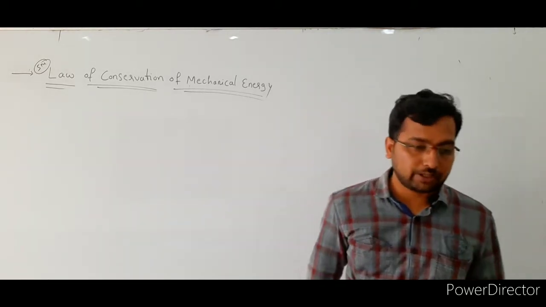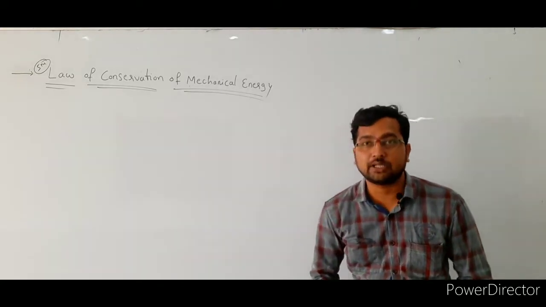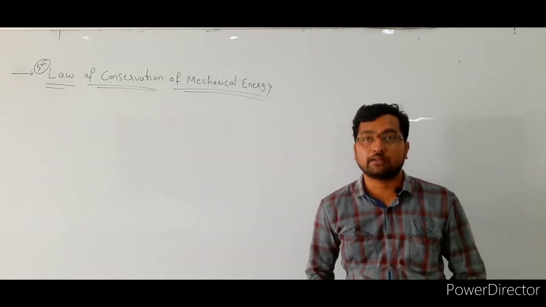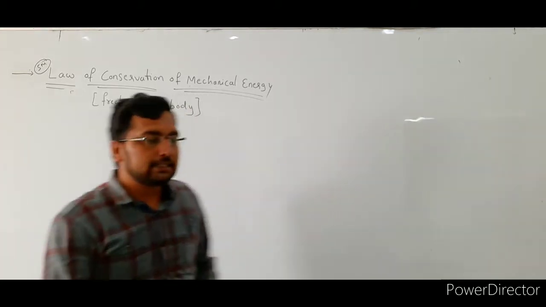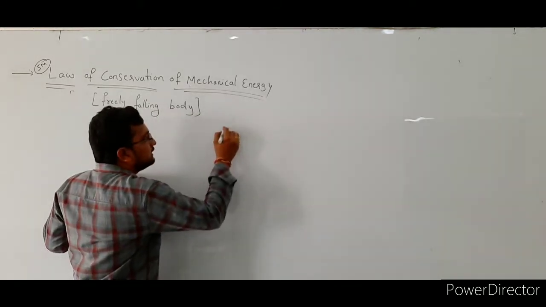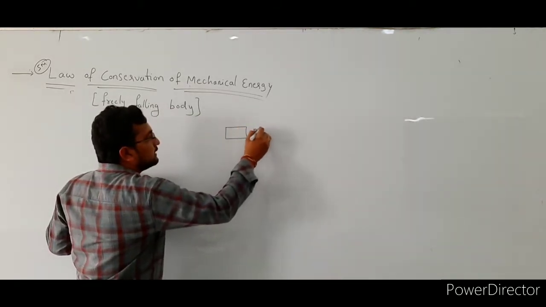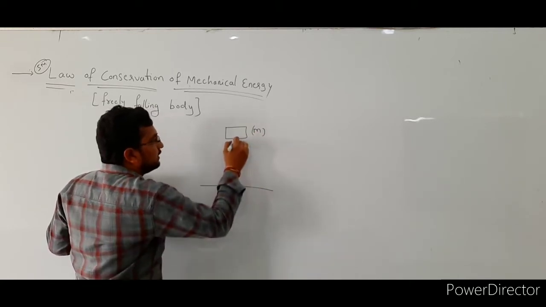Next we are going to verify the law of conservation of mechanical energy in the case of a freely falling body. Consider a body of mass m placed at a height h from the surface of the ground.